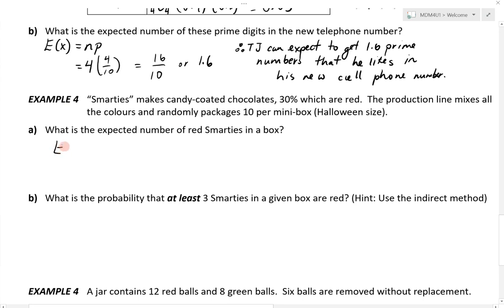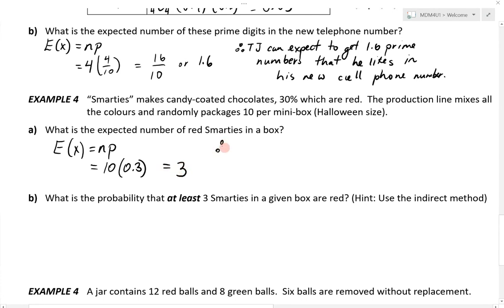So expectation, when you see expected number, use the expectation formula. Okay, so if there's 10 per mini box, so 10 trials. Think of it as the number of trials when you're putting in a Smartie candy inside a box. And the probability of getting a red is 30%, so we'll say 0.3. So 10 times 0.3 is equal to 3.